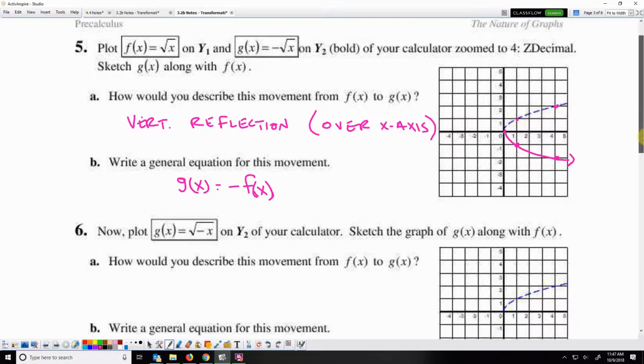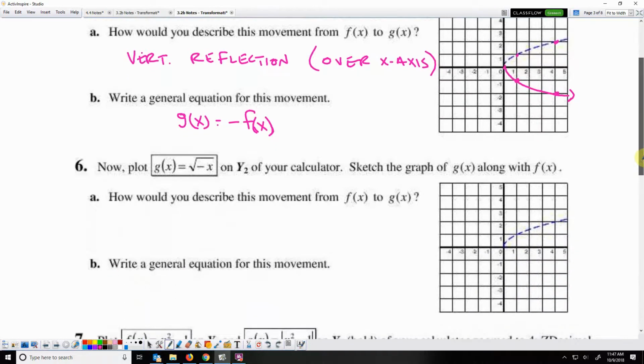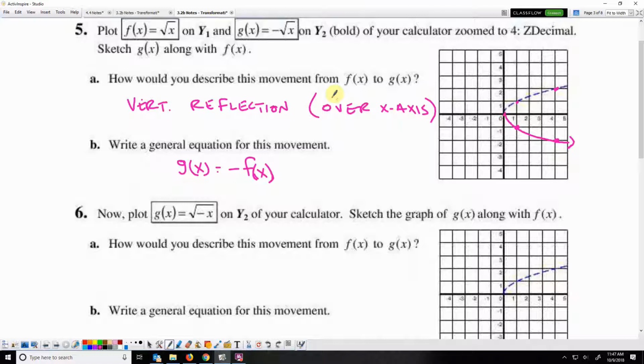Well, what if that negative is inside? When that negative is outside, anything that ever happens outside is vertical. When that negative is inside, now we're looking at something that is horizontal. So this is going to be a horizontal reflection. Which means it's flipping over the y-axis.